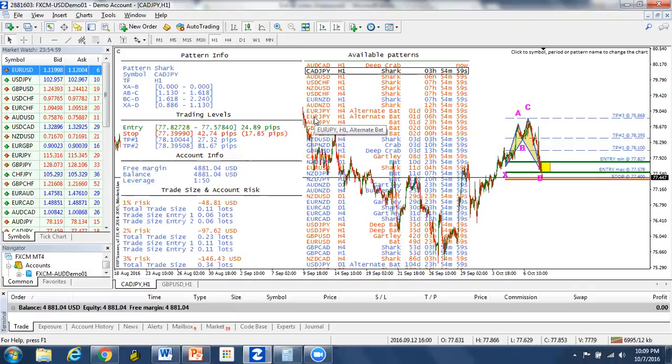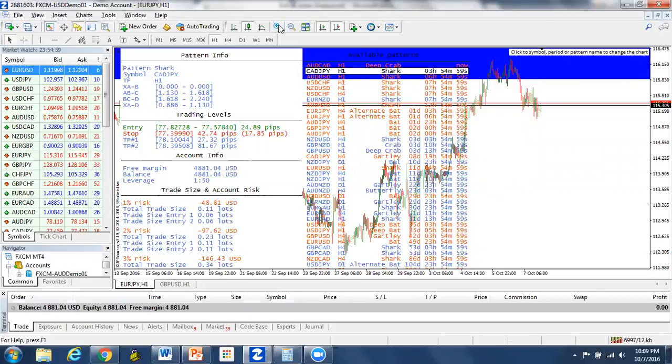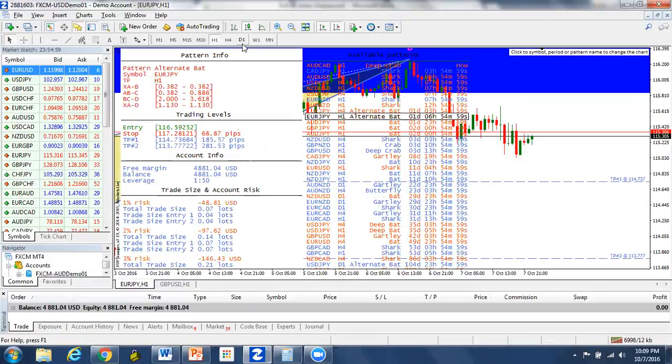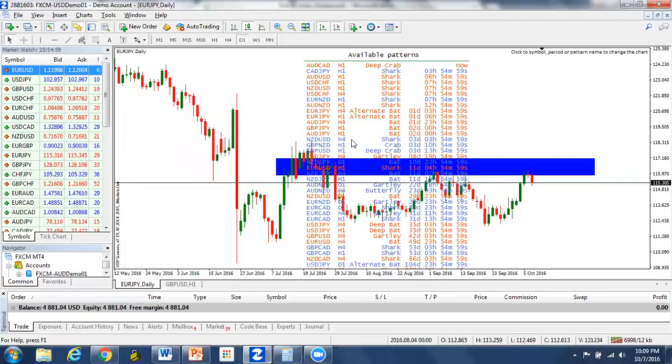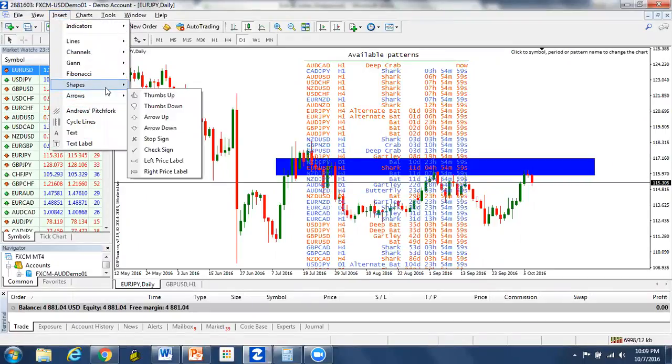So this is the daily chart, EUR JPY. You notice that for over the last several months, the market has played around in a certain range. Let's see here, insert shapes.